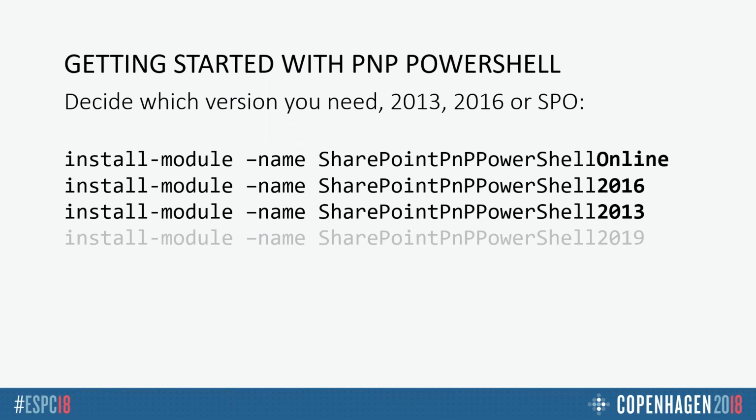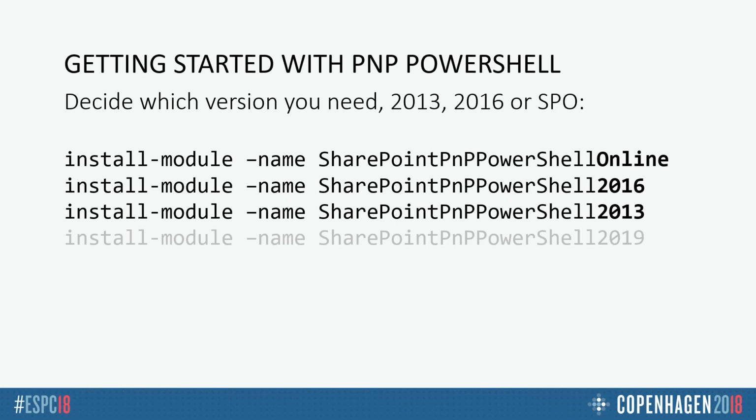So how to get started with PnP PowerShell? If you're completely new to PnP PowerShell, you first have to decide which version you need. We have 3 versions, and soon we will have 4 versions. And there's a reason behind that. PnP PowerShell and PnP Sites Core make use of the CSOM library, the client-side object model for SharePoint.